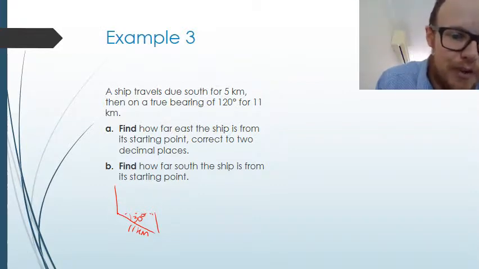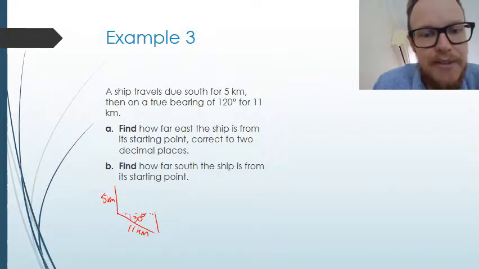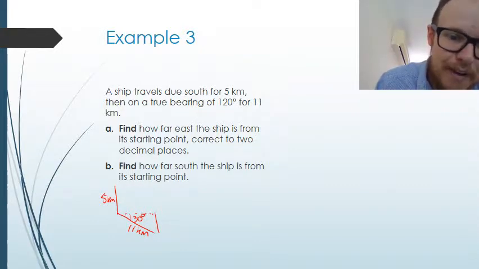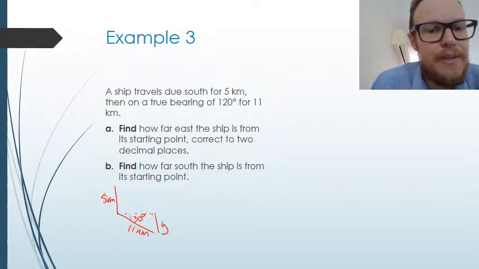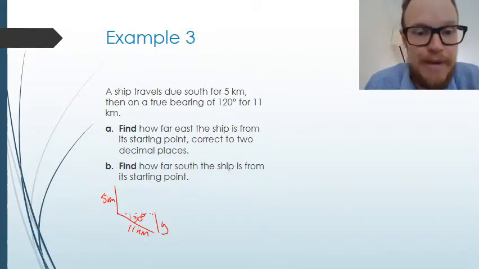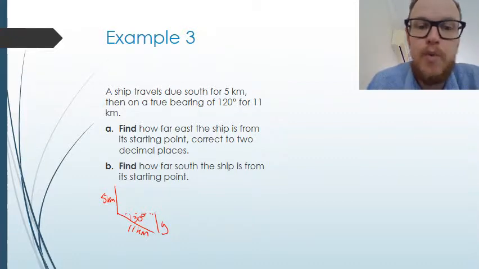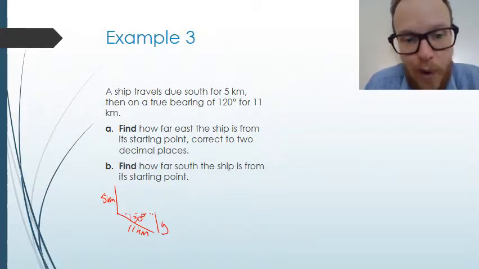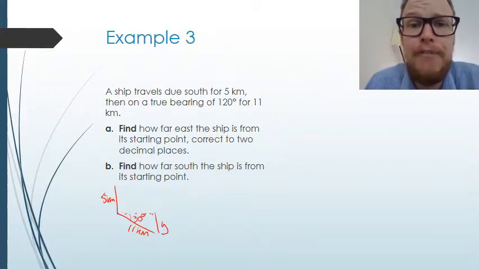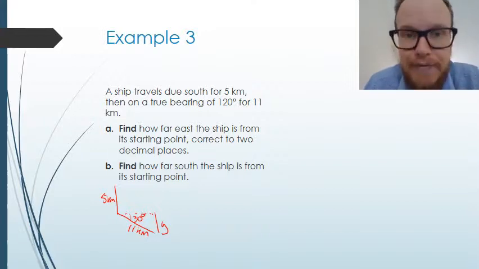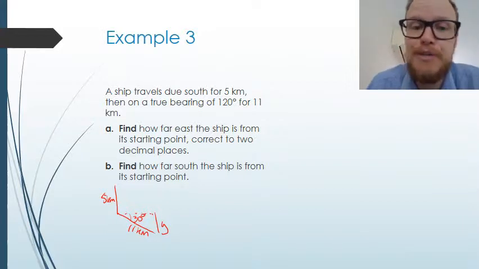So we've gone a total south of the 5 kilometres we travelled south to start with, plus whatever this value is here, this y value of going down further south by a small amount. So what we can do is find this value y and then add the 5 kilometres onto it to figure out how far south we are from our original position.